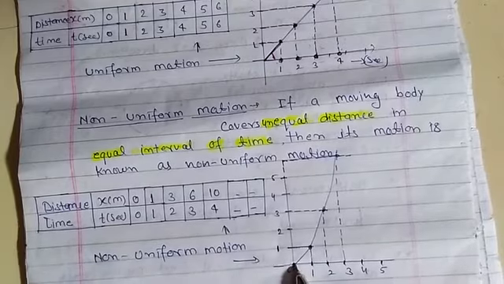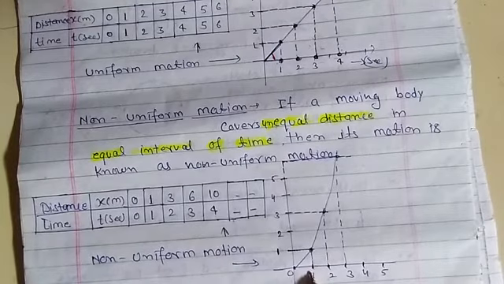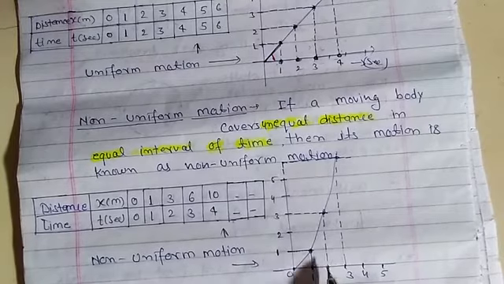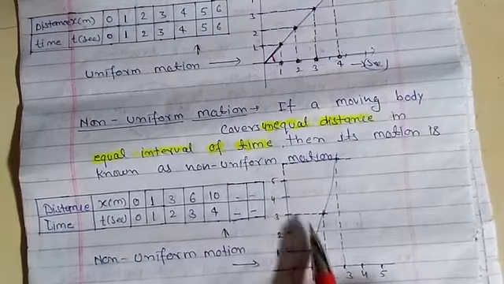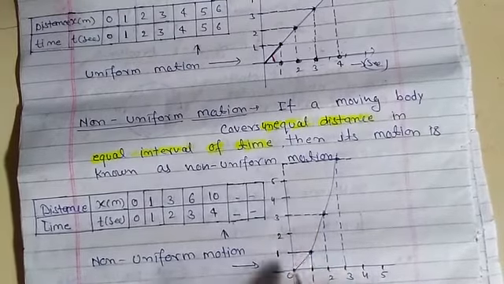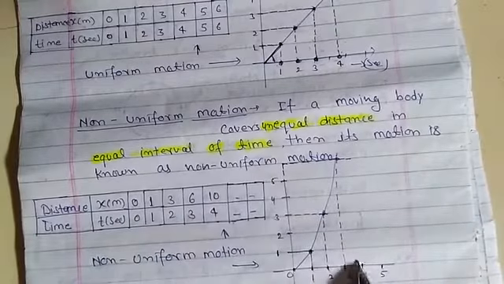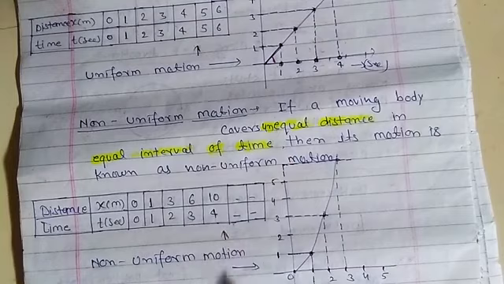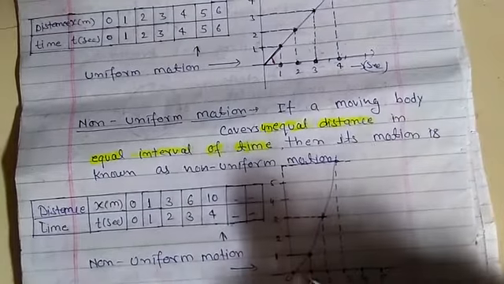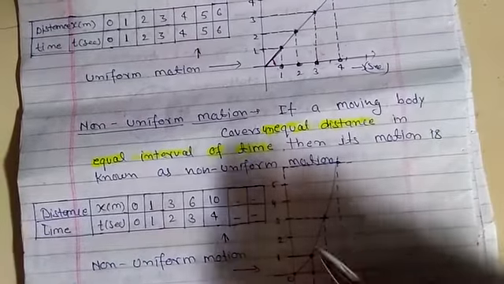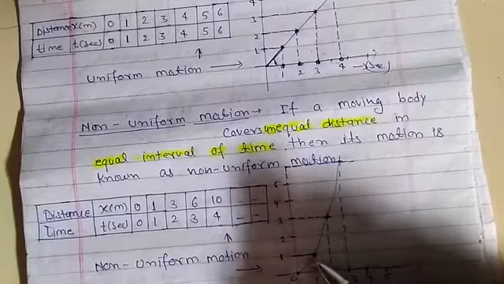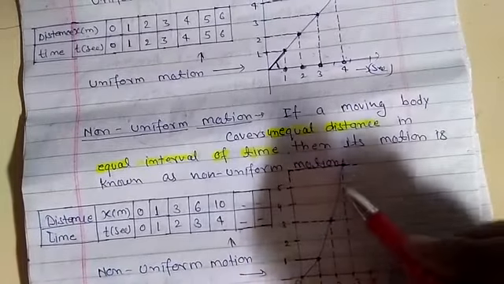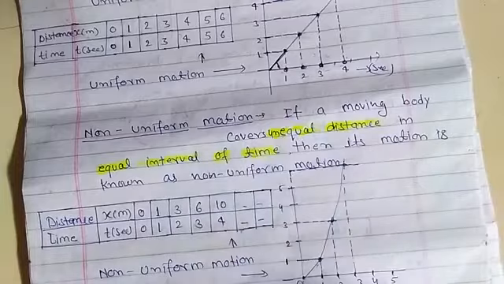For 0, 0. For 1 second the distance is 1 meter, for 2 seconds the distance is 3 meters, for time 3 seconds the distance is 6 meters, and similarly for 4 seconds it is 10 meters. If we join all the points of intersection, by 1 by 1, 2 by 3, we get a curve.